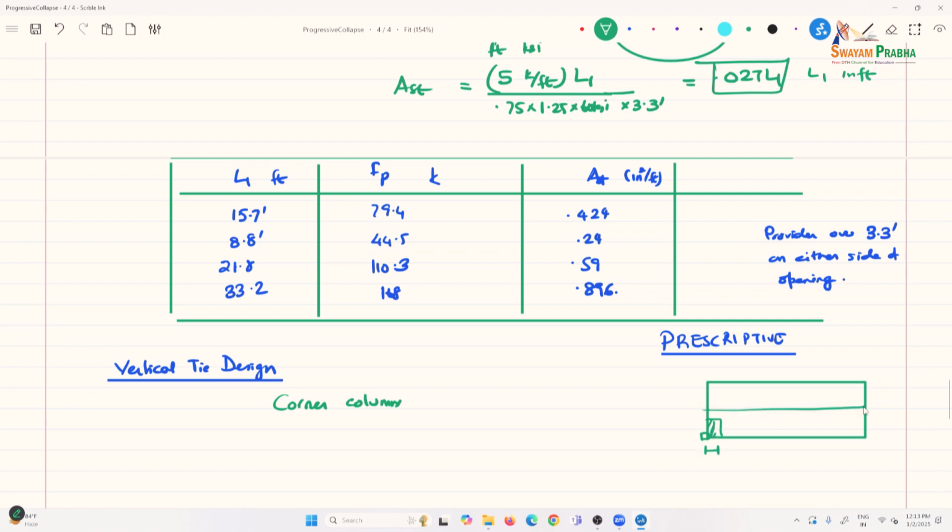So, this is your breakdown, and the end columns you will have a larger tributary area. So, corner columns, the tributary area is 364.2 square feet, whereas the interior column, it is 846.